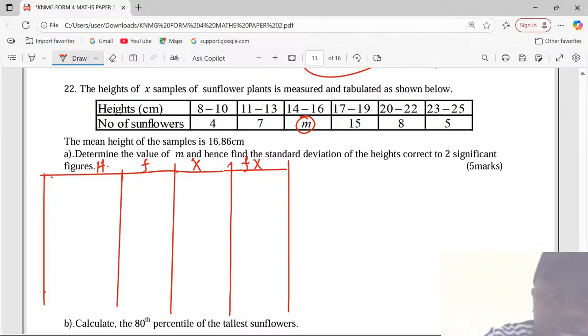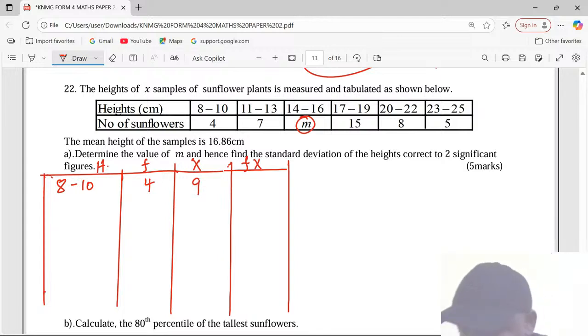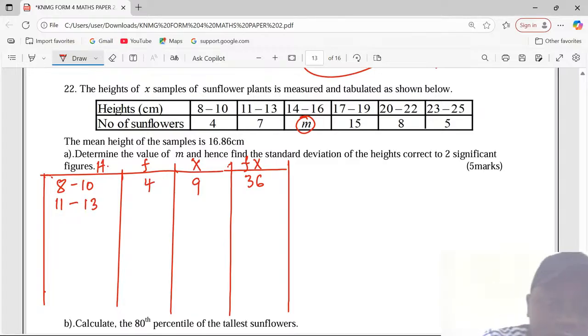The first class is 8 to 10 with a frequency of 4. The midpoint is 10 plus 8 over 2, which is 9. Times 4, we get 36. The next one is 11 to 13, midpoint 12, frequency 7, and we multiply to get 84.